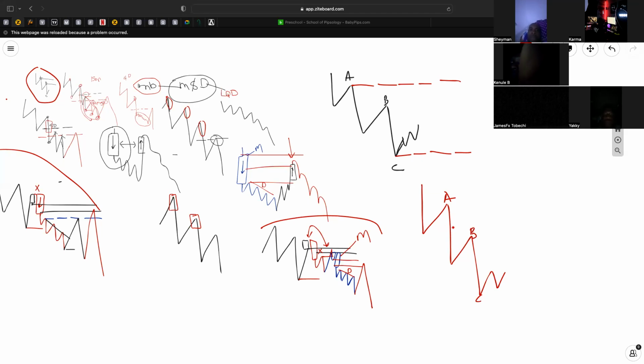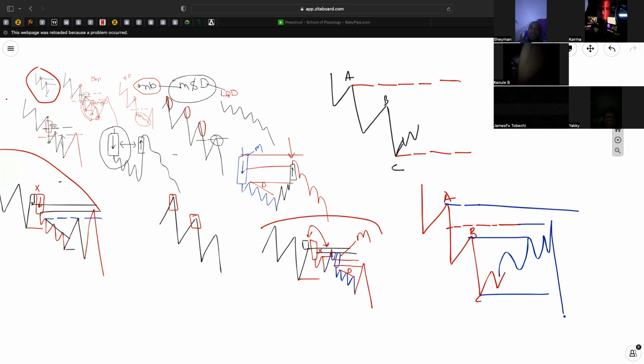This is the 50% right here. What does this tell you? This tells you that your trading range is year to year, and the market needs to come take care of this B to complete the pullback right here before it's going to sell off. So your trading range is this.